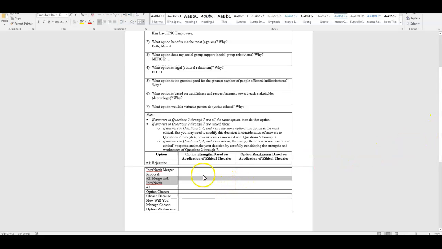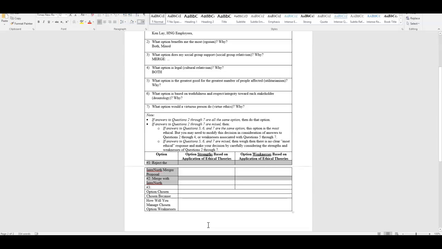Now, given all those strengths and weaknesses, given what I've written here in those boxes, I'm going to read them carefully. Now I've got to make my decision. What should I do?